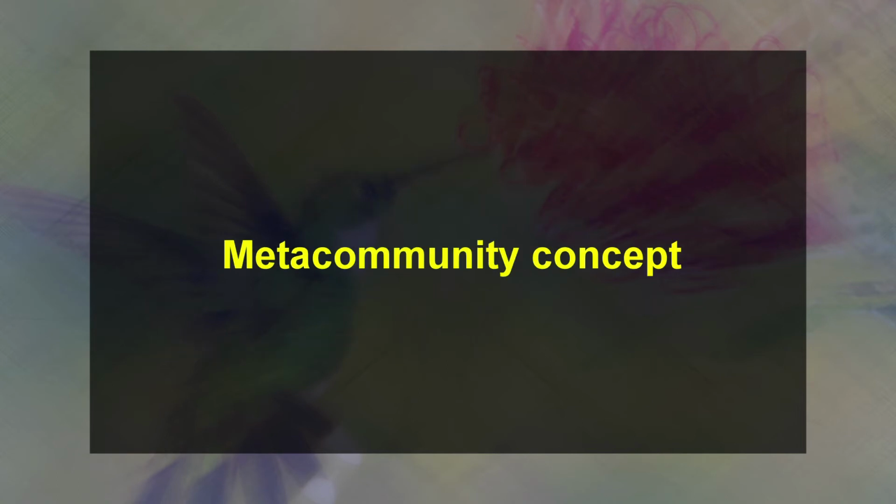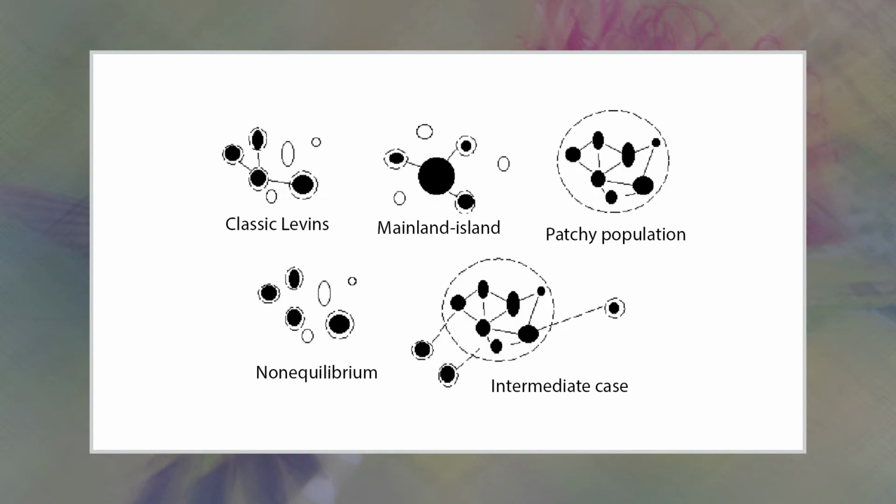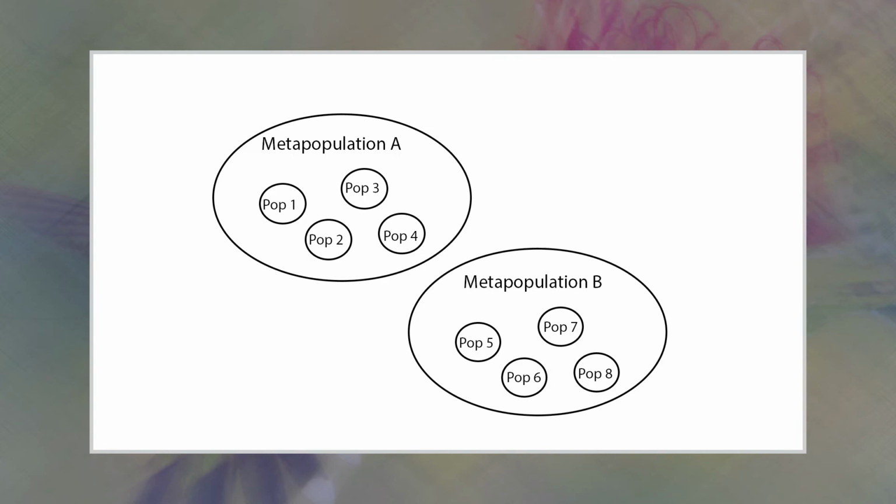Now let us understand the meta-community concept. An ecological meta-community is a set of interacting communities which are linked by the dispersal of multiple potentially interacting species. Populations in communities may be naturally patchily distributed due to variation in resources, physical gradients or biological characteristics. To understand the dynamics of this patchiness, Levins introduced the concept of metapopulations.